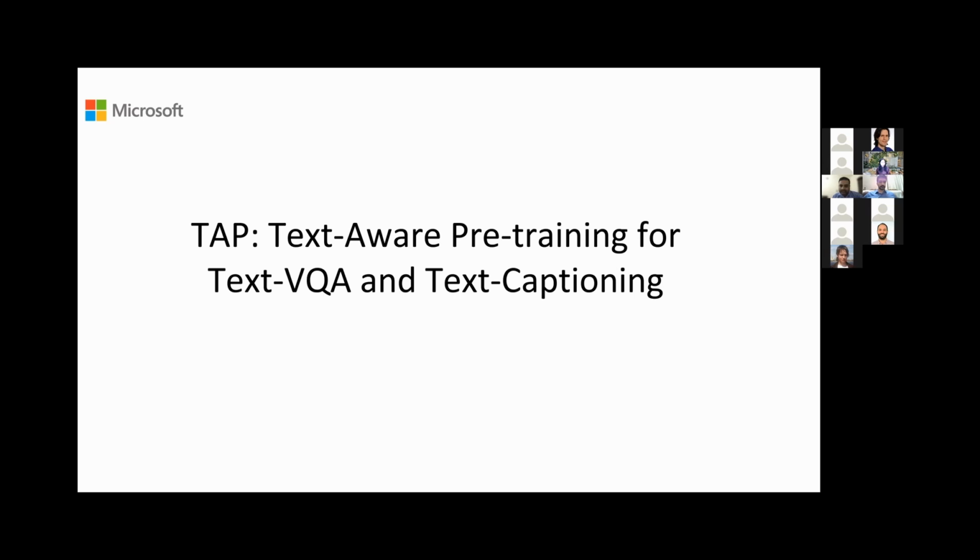She also received the Best Paper Award from ICME 2013 and ICMS 2012. She has obtained many competitive external grants from NSF, US Army, US Department of Defense, and Texas Department of Transportation. So she will be talking about her recent work on text-aware pre-training. Over to you, the stage is yours.